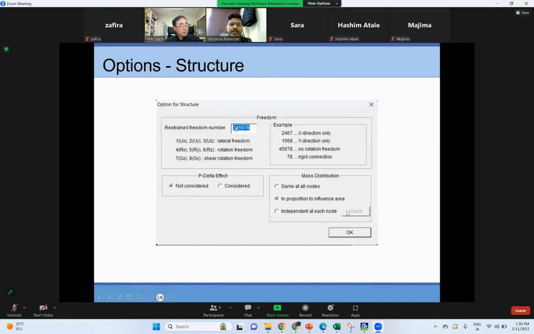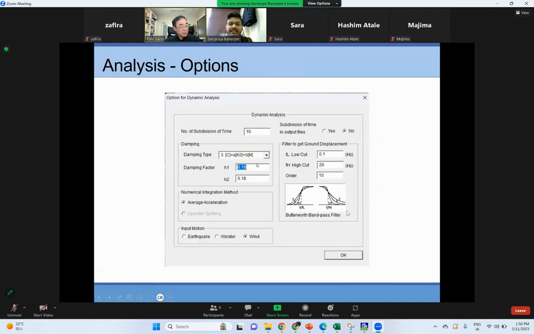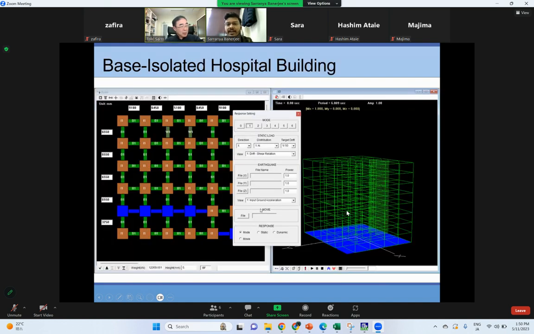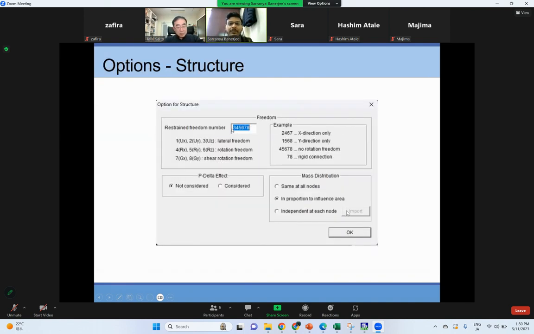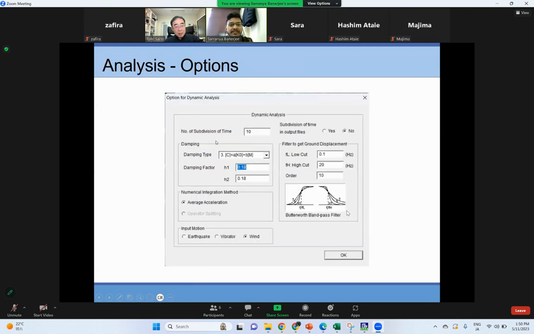And now if we unrestrict the second direction, as we already saw in the last meeting, then it is working. The analysis is getting complete. And I don't know why, but if we restrict the second direction also, the program is not working. So, anyways, I unrestricted the 1 and 2 directions.